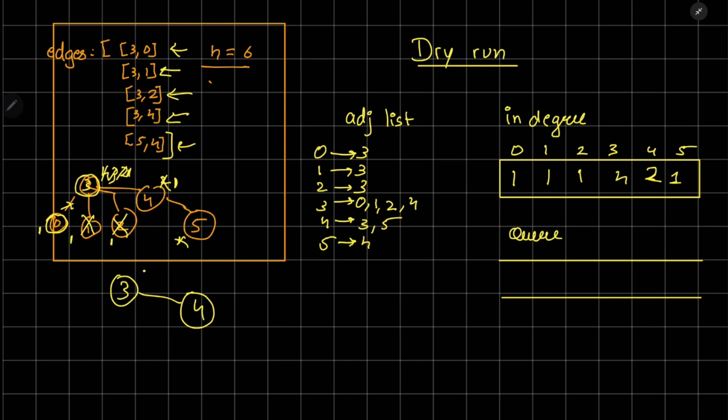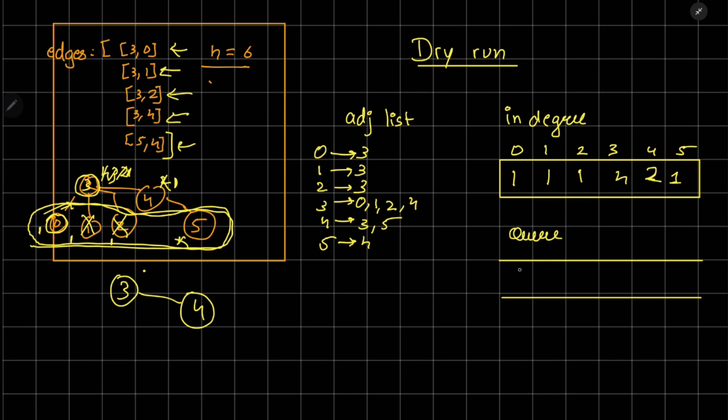So what we have to do is, for each level of leaf nodes, for example in the first phase these will be our leaf nodes. As we can see, these are 1, so these will be removed first, and then we will see what we have to do with 3 and 4. So we will iterate over this degree array, and wherever we find the degree to be 1, we will push that vertex into the queue.